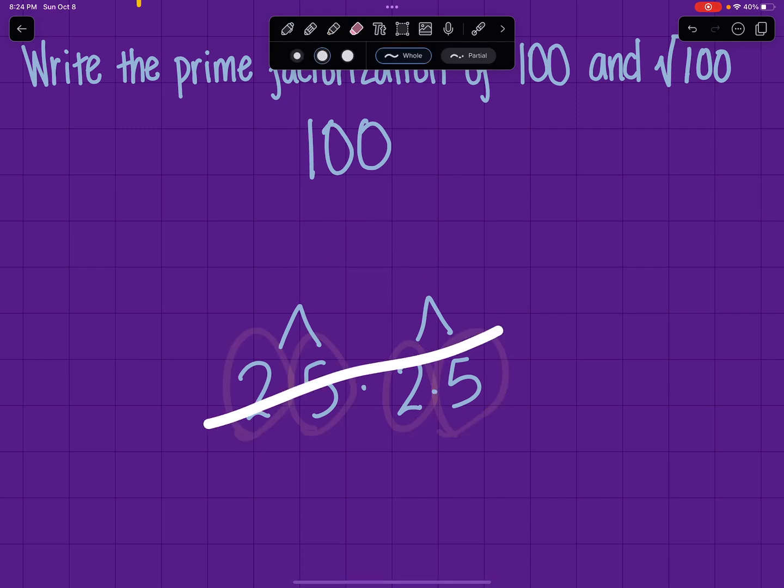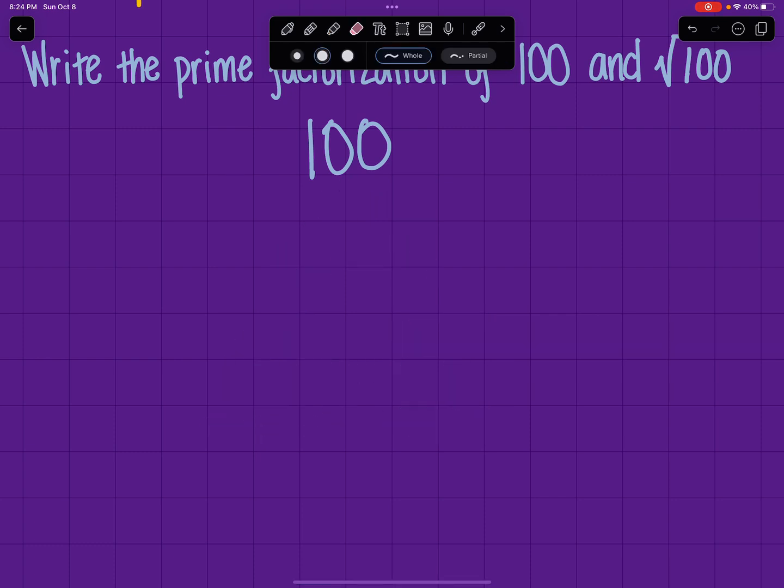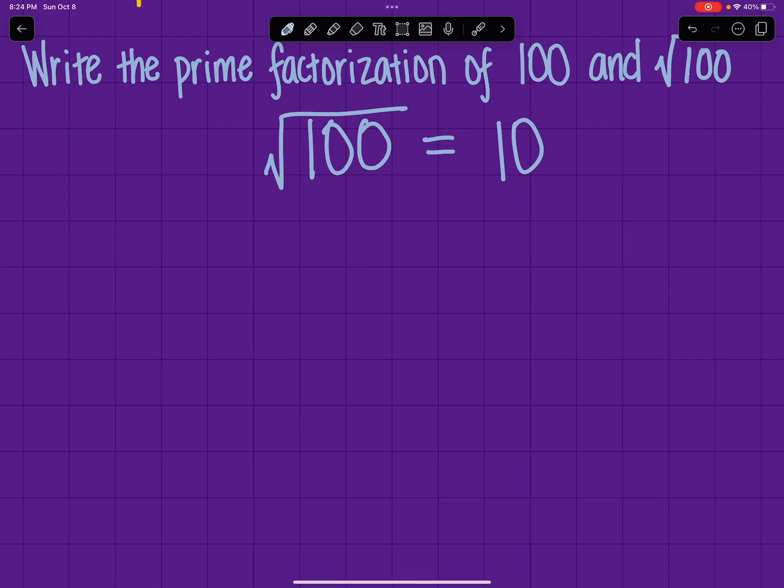What about the square root of 100? That seems a little more tricky. So what are two numbers that you can multiply together to get the square root of 100? First, let's solve. What is the square root of 100? The square root of 100 is equal to 10, because 10 times 10 is 100, right? So let's just do prime factorization for the number 10.